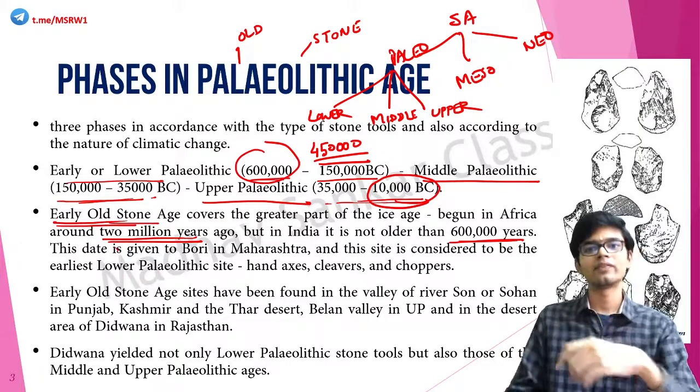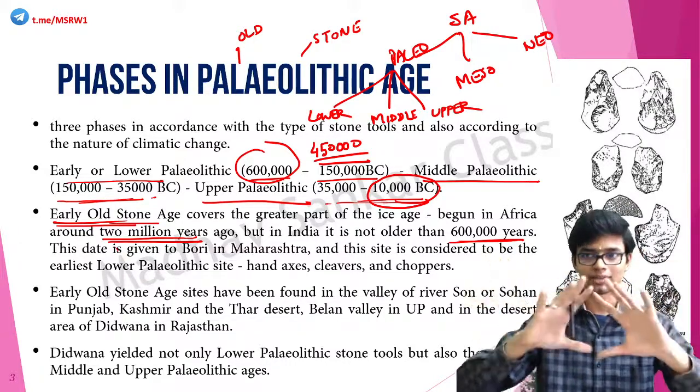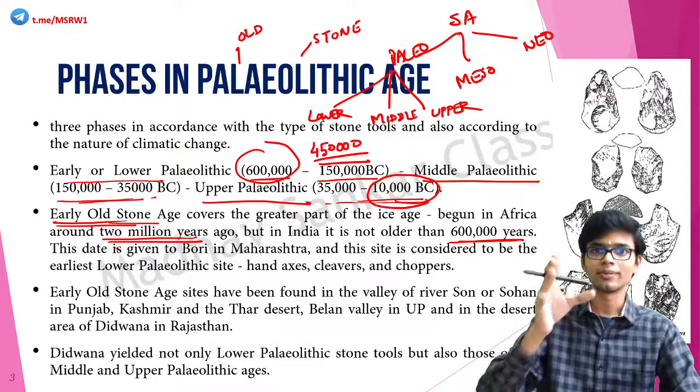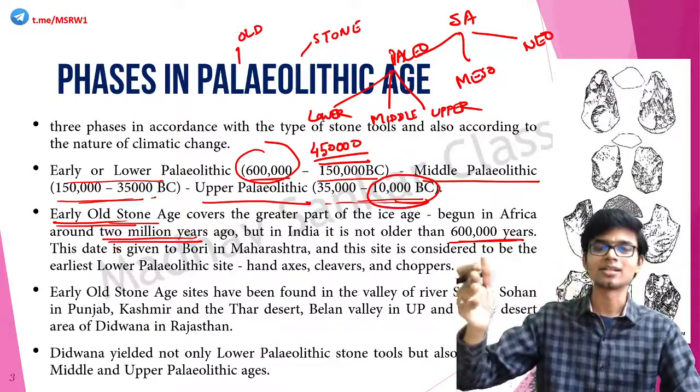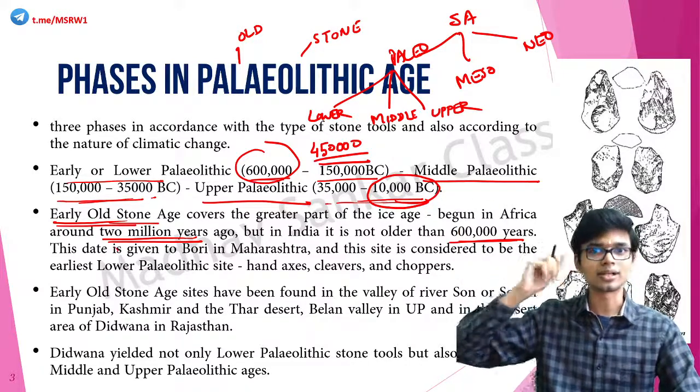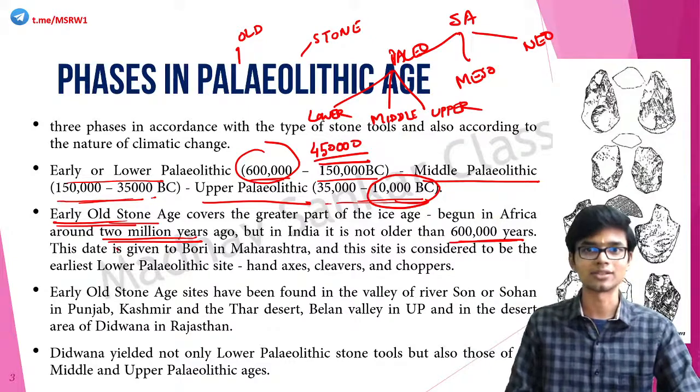For example, when we look at history in a broader sense, we talk about ancient history, medieval history, and modern history. In India, we know that ancient India is up to this portion, medieval India starts from, say, the Sultanate period, and finally modern India starts somewhere when the Europeans arrive in the country.